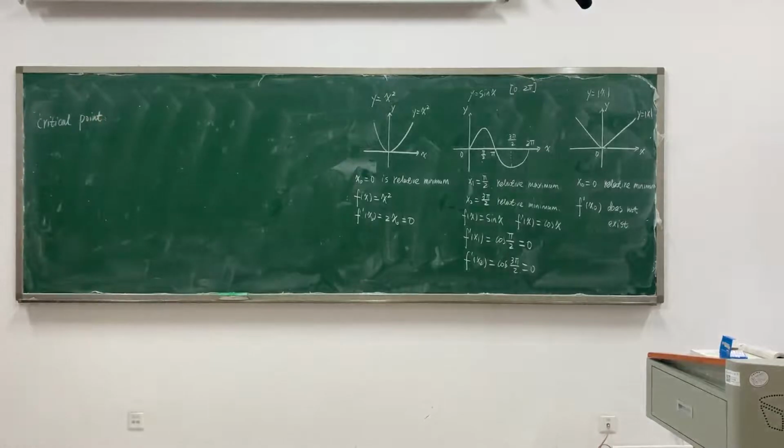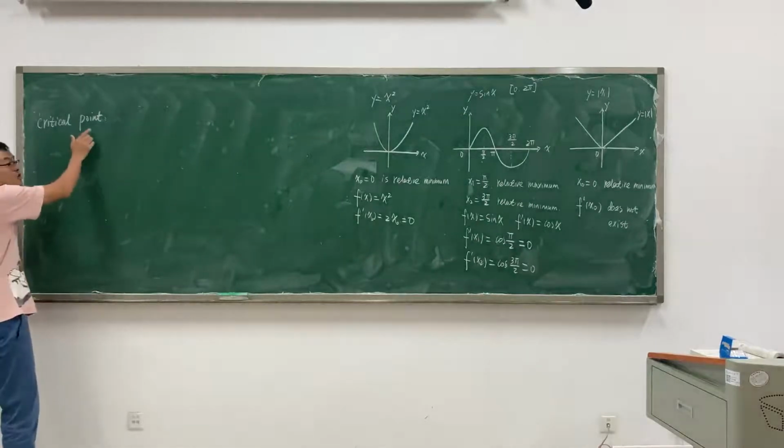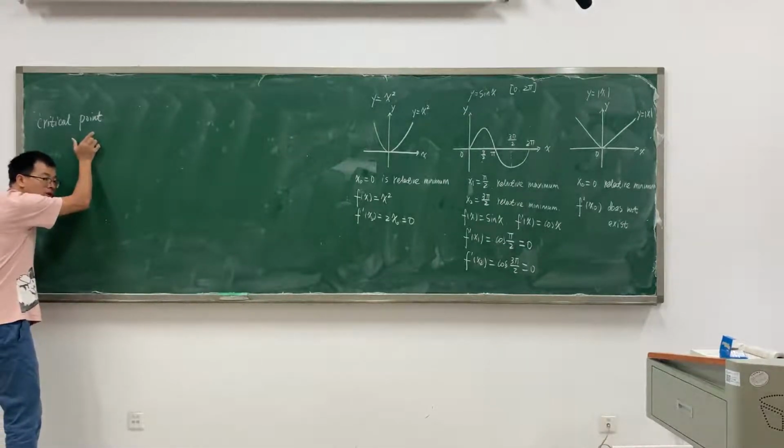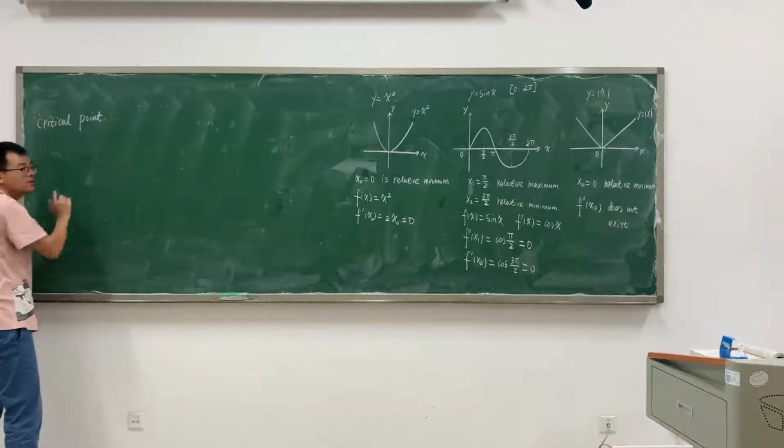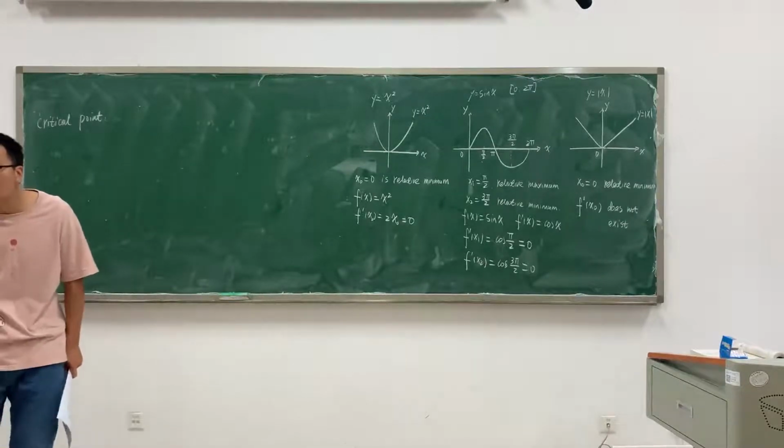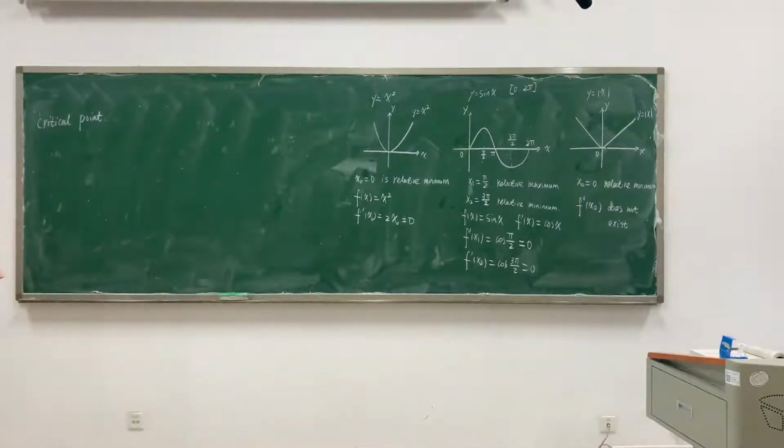Critical point, okay? So what's the definition of critical point? The critical point means that the derivative equal to 0 or the derivative does not exist.